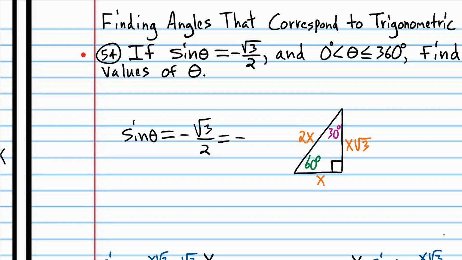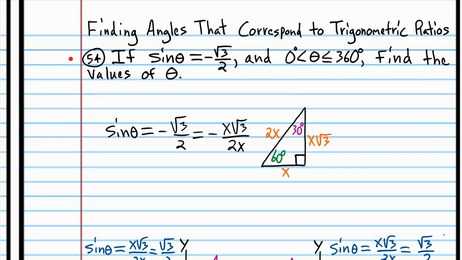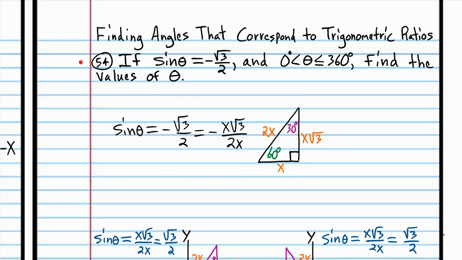But what if we change that to negative x root 3 over 2x? That looks very familiar. There's only one type of right triangle that fits this description, and that's a 30, 60, 90 degree triangle. So what is the angle? If you have this ratio, what is the angle theta?